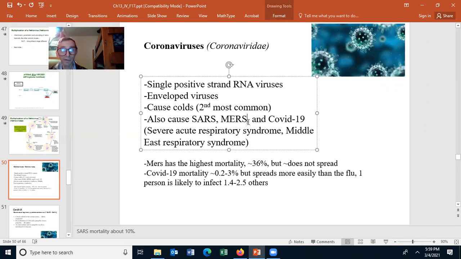SARS has a higher mortality rate. The mortality rate of SARS, they estimate, is around 10%. SARS happened in 2003. I think it happened one other time after 2003. And fortunately, the World Health Organization, in particular China, got it under control, and this virus may be extinct.